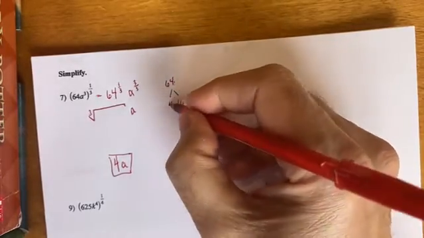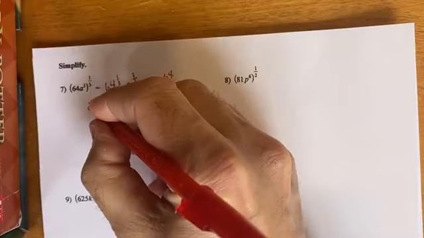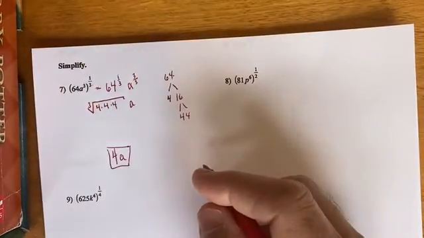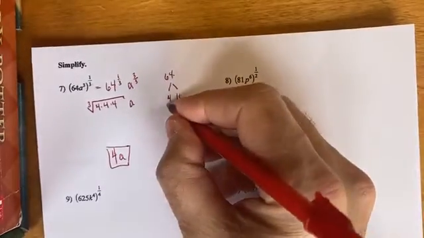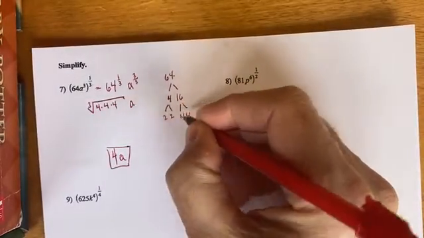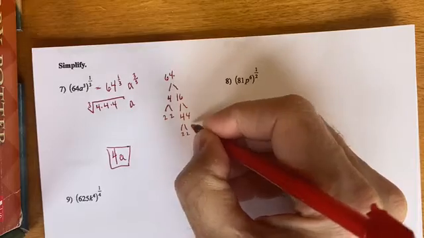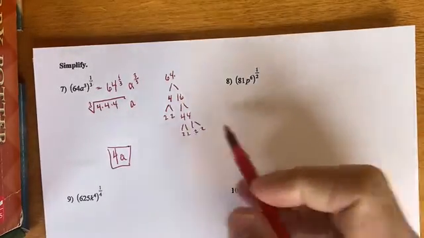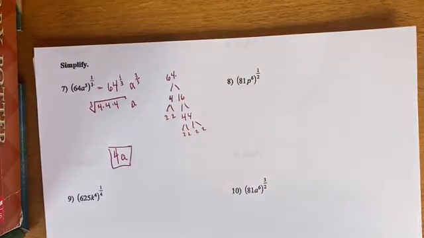So 64 is 4 times 4 times 4. Or if we divided this even further, it's 2 times 2 times 2 times 2 times 2 times 2. That's what 64 is. 1, 2, 3, 4, 5, 6 2's.